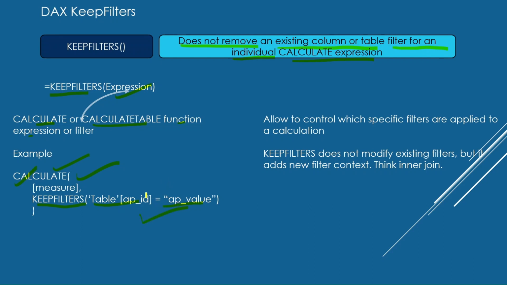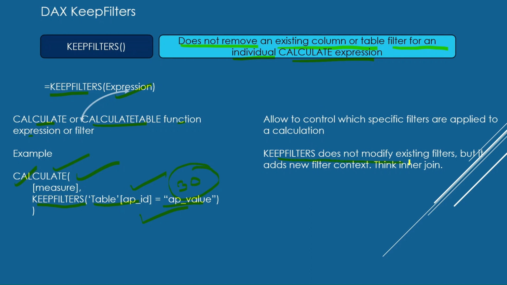Here what is the filter context? AP ID is, suppose, 30, so the value would only be calculated for AP ID 30 only. If in the filter context you are providing 60, the measure value would be blank.